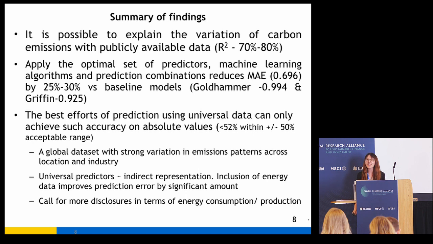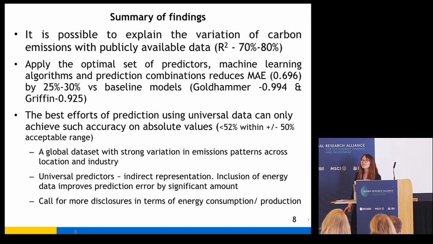However, even though we try to reduce the mean absolute error, the log-transformed mean absolute error is still as huge as 0.696. And with that, only around 52% of our sample is predicted within a certain range.